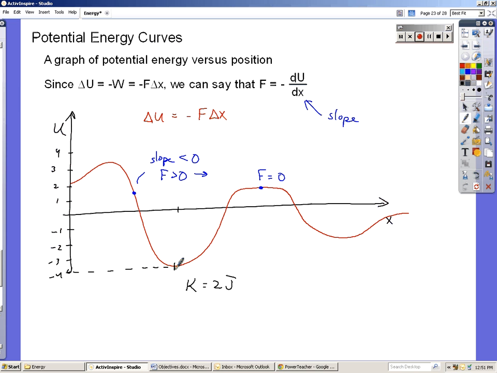The potential energy at this point is negative 4 joules, and so the total energy is negative 4 plus 2, which is negative 2 joules. That means if we look at the total energy for this particle, it's right there. And that means that this particle can never get higher than this level. And so it's going to oscillate back and forth in that well there. And we call these points turning points.